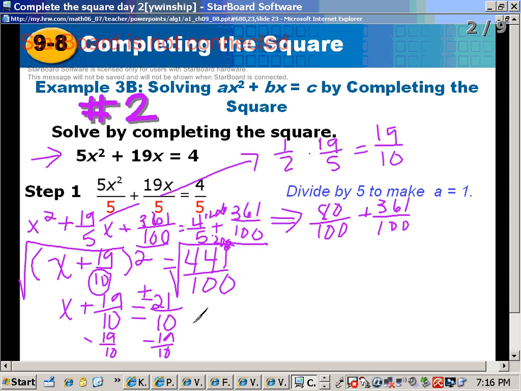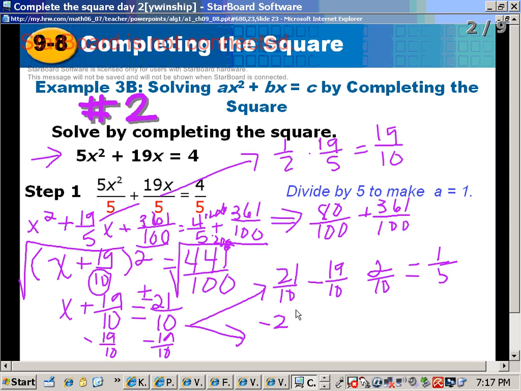I have 21 over 10 minus 19 over 10, which is 2 over 10 or 1/5. I also have -21 over 10 minus 19 over 10. That gives me -40 over 10, which is -4.